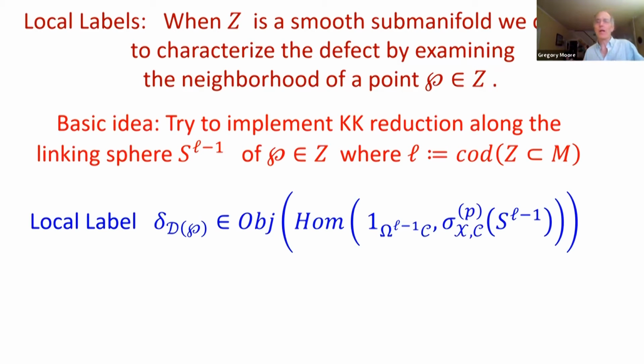So the value of our p-dimensional field theory on a linking sphere is what? It's an object in some higher category. What higher category?